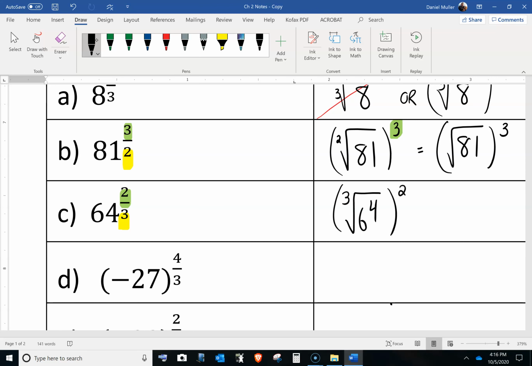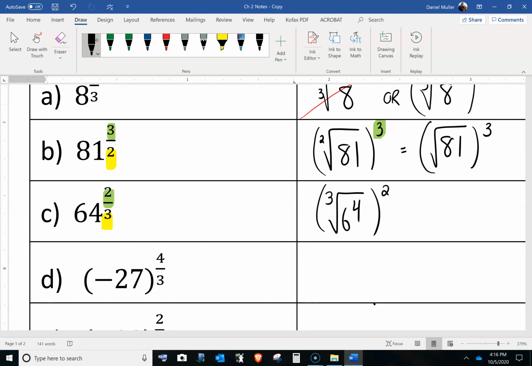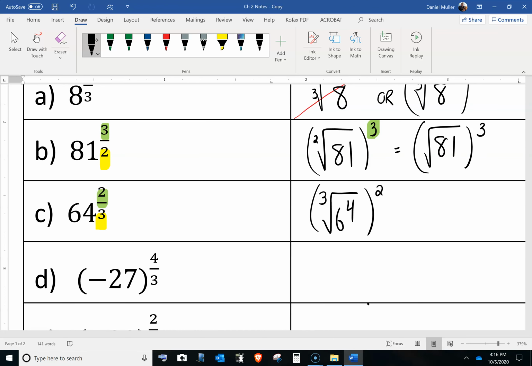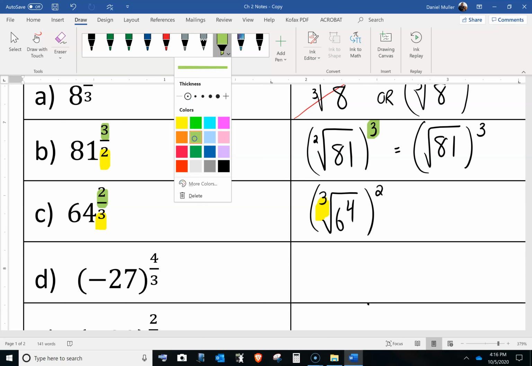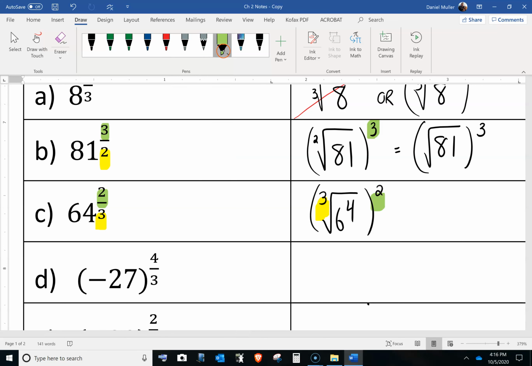Let's see if this works. There we go. So the cube root of 64, and then I have to square it. I do the cube root part first, and then I can do the squared.